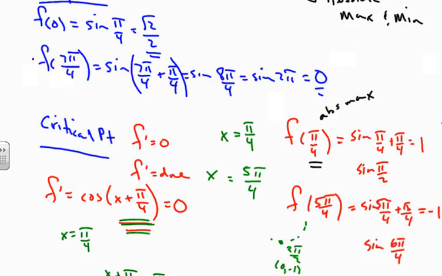Our absolute min is going to be located here at our critical point, 5 pi over 4, which is at negative 1. These other values might be relative mins or maxes, but we are just trying to identify our absolutes. So f of pi over 4 is 1, and f of 5 pi over 4 is negative 1.